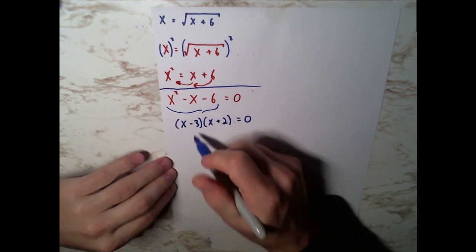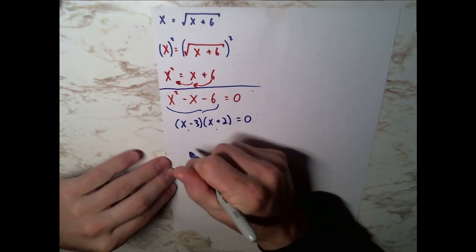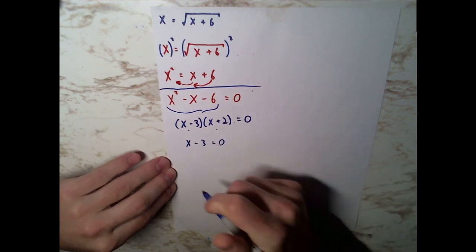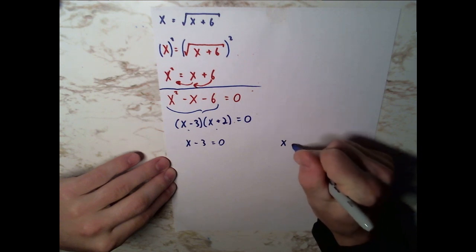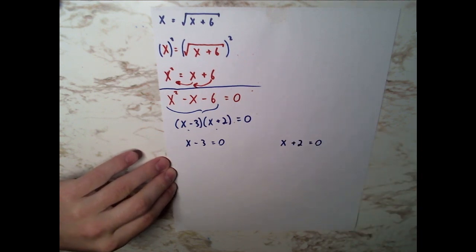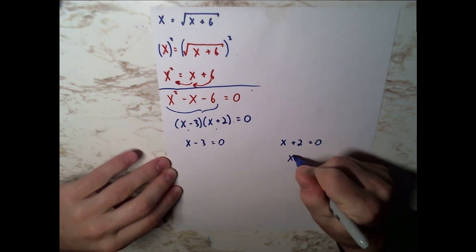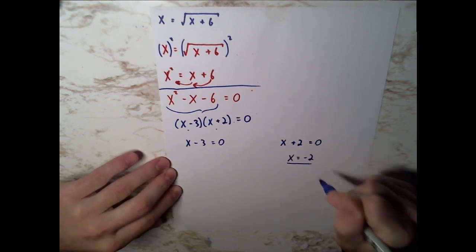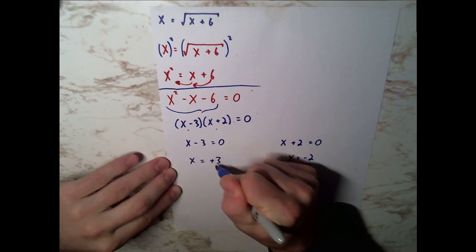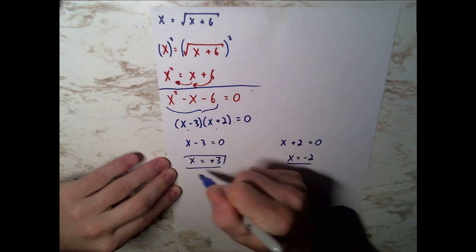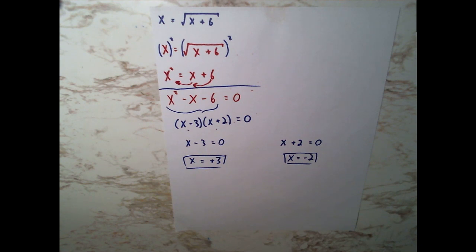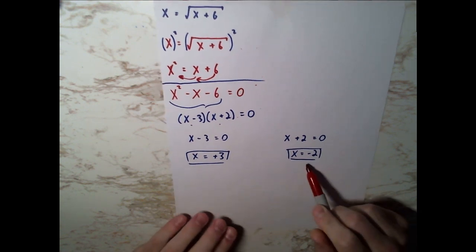So now we just need to set each of these terms individually equal to 0. So x minus 3 equals 0 and x plus 2 equals 0. So our solution here is going to be x equals -2 and x equals +3. So there's our two solutions.